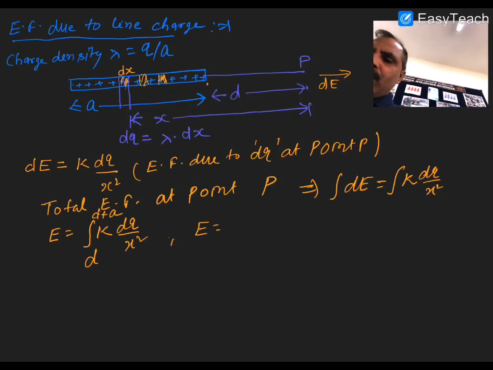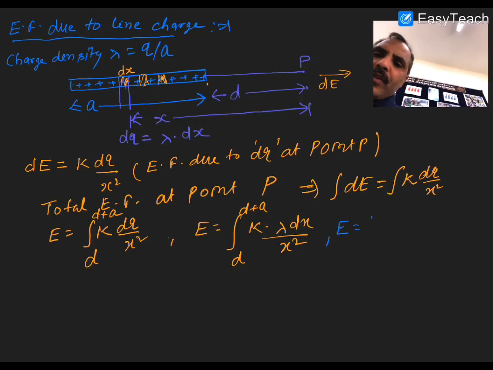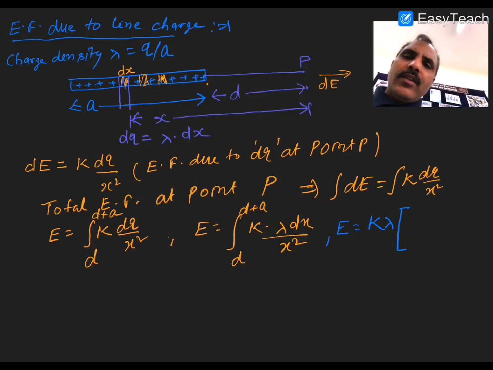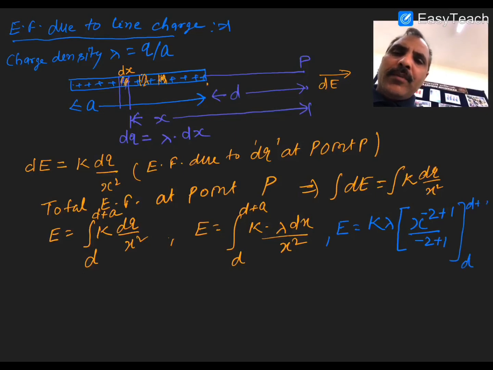Then E is equal to the integration from d to d plus a of k lambda dx upon x square. E is equal to k lambda, which is constant, times the integration of 1 upon x square. 1 upon x square means x to the power minus 2, so we get x to the power minus 2 plus 1 upon minus 2 plus 1, with this lower limit and this upper limit d plus a.